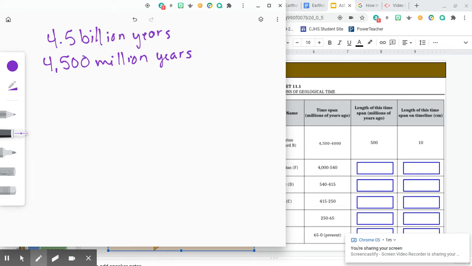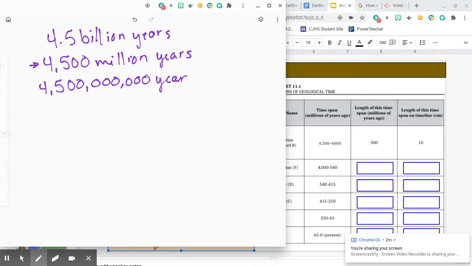Regardless, it's all the same number. If we would write it out, 4,500,000,000, that's what it would look like. But all three of those numbers are the same. So for our calculations, it will honestly be easiest if we use this second number right here.